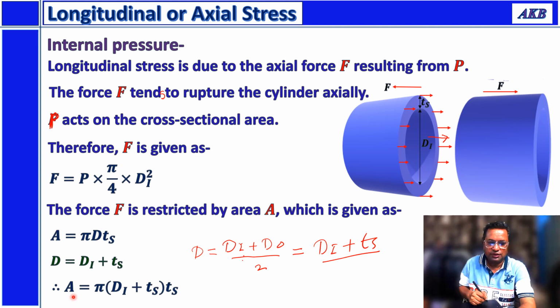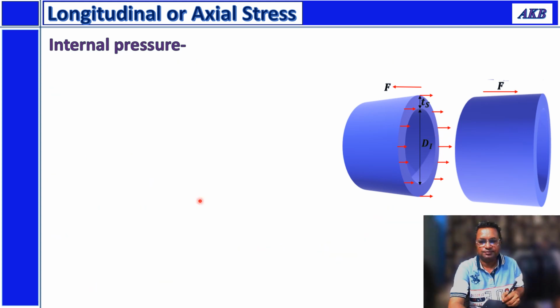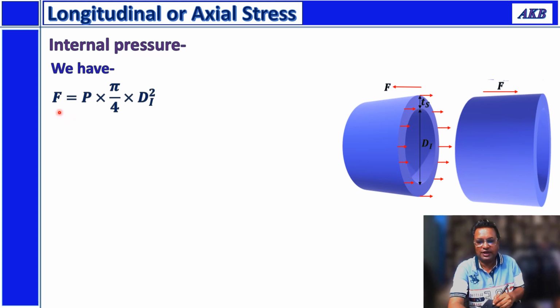Okay, therefore A will be pi into di plus ts into ts. So under the action of internal pressure, we already have the equation for F is equal to P into pi by 4 into di square. The area on which F is acting is pi into di plus ts into ts.